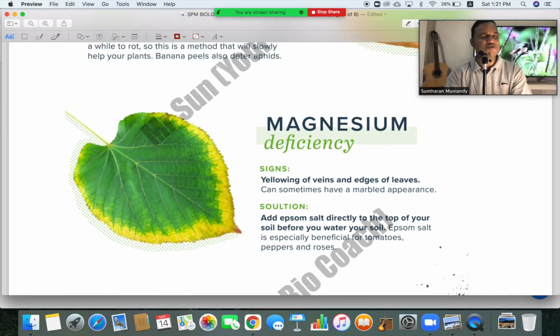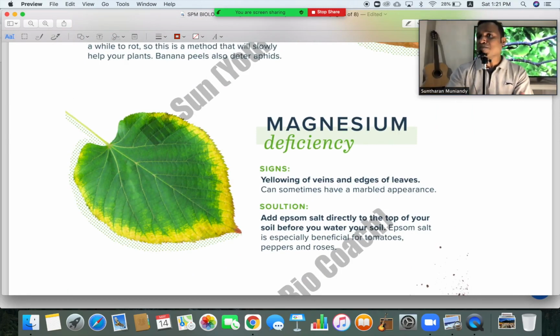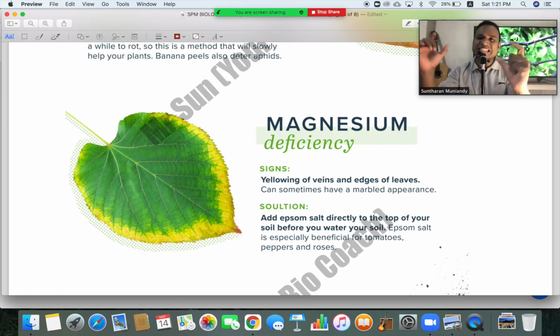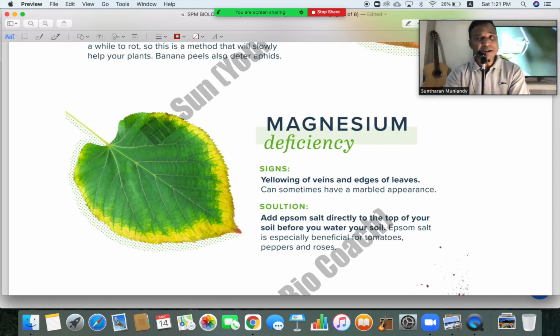This is another very famous one. They usually connect nitrogen and magnesium. Why? Magnesium is the fundamental element needed by the chlorophyll pigment. If you look at the center of the chlorophyll pigment, they have this magnesium. And remember what I taught you in photosynthesis? During the light dependent reaction, you have electrons supplied by the water molecule.